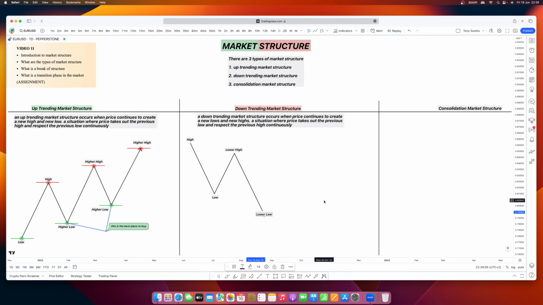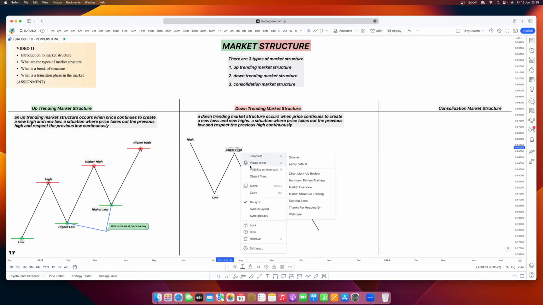And then what happened? The last word here says continuously. So it has to keep happening. Therefore, we're going to have a new price movement all the way to the upside. Feel me? And then price will come down again. And it should give us something like this. Now, this is a downtrending market.